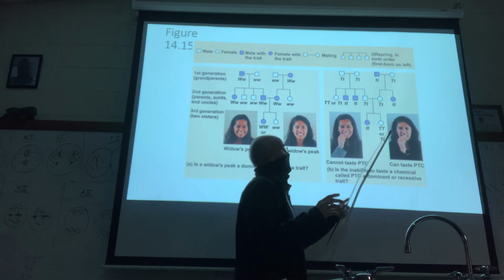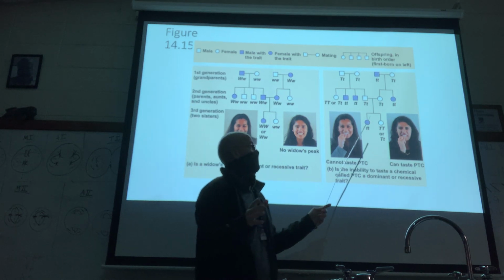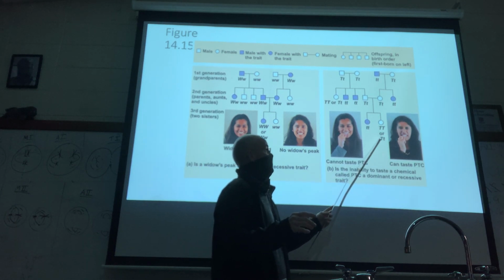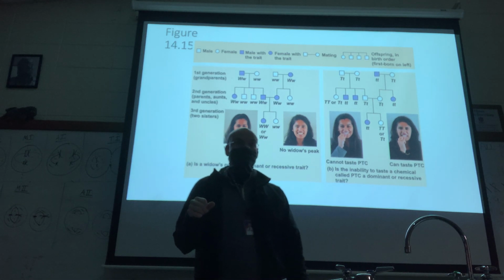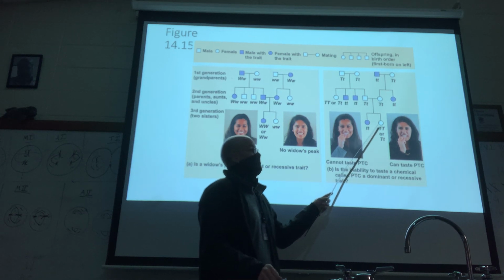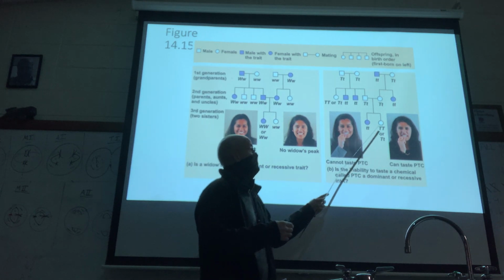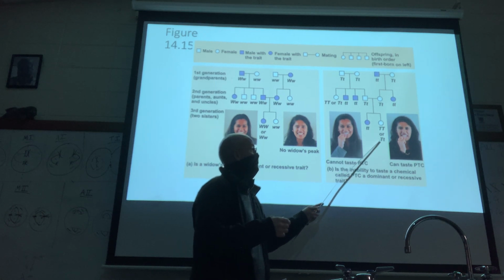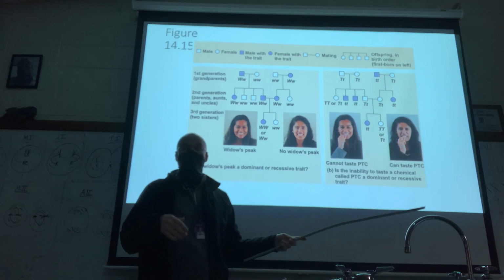If this individual had children, what child would definitely confirm? What kind of child would definitely confirm one or the other? This individual, we don't know yet. But if she has a recessive kid, that means she's which one? Heterozygous, big T, little t.